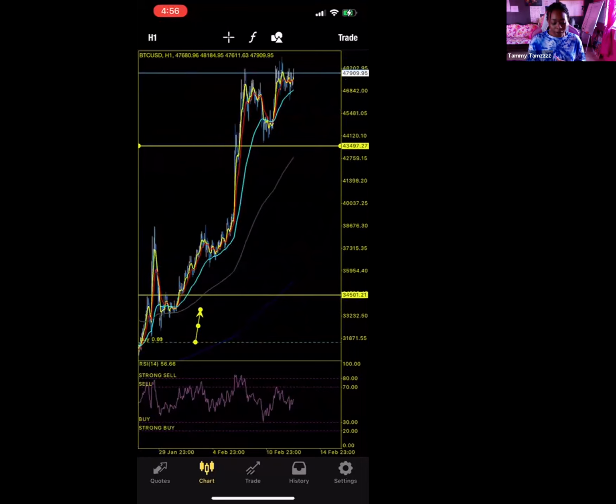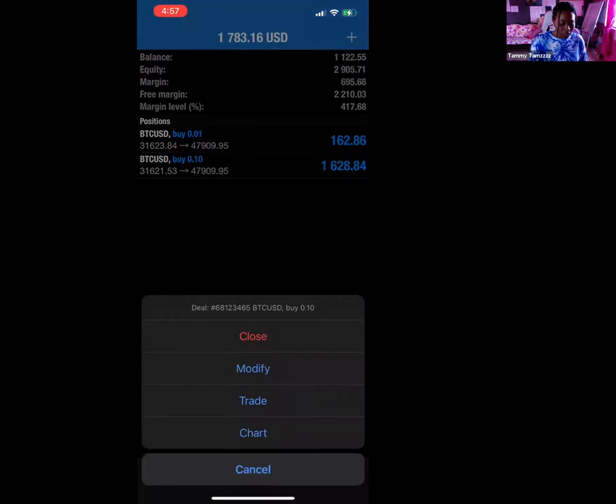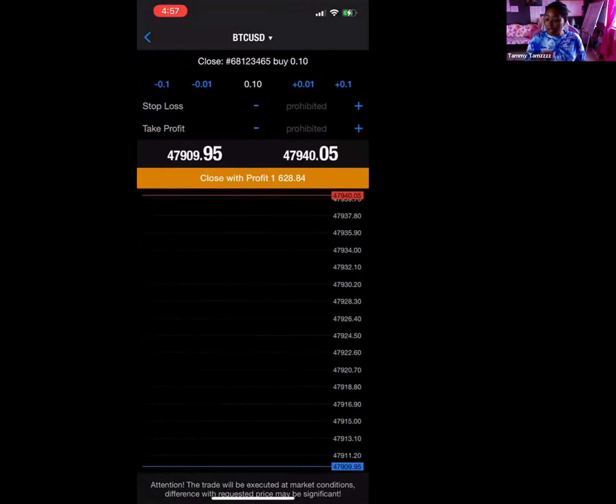Now that it's in profits, I need to secure half of my profits because I want to secure half of my lot size at TP1 and leave the other half to run to TP2. So I'll hold on the trade, hit close. We're not modifying here. Modifying is for moving stop loss and profits. To secure partial profits, we're not gonna hit the close button.